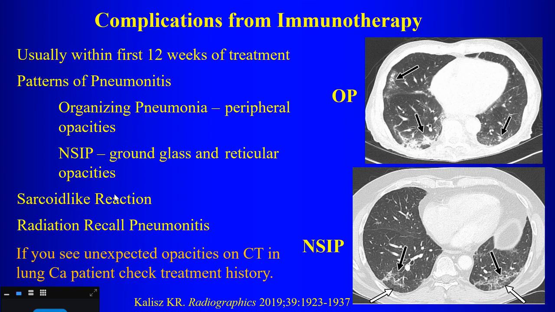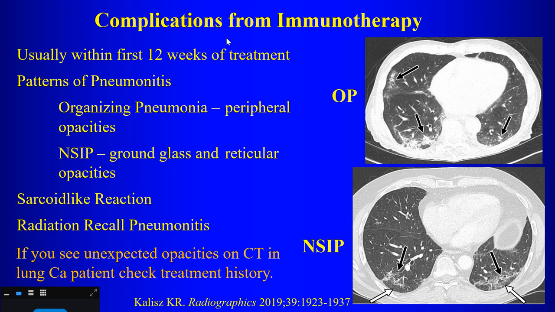Sarcoid-like reaction can occur. That's unusual, but it can look like sarcoid with interlobular septal thickening, perilymphatic distribution of nodules, even lymphadenopathy. And then radiation recall pneumonitis, which we'll also talk about. The take-home message: if you see unexpected opacities on CT in a lung cancer patient, look at the treatment history, right?